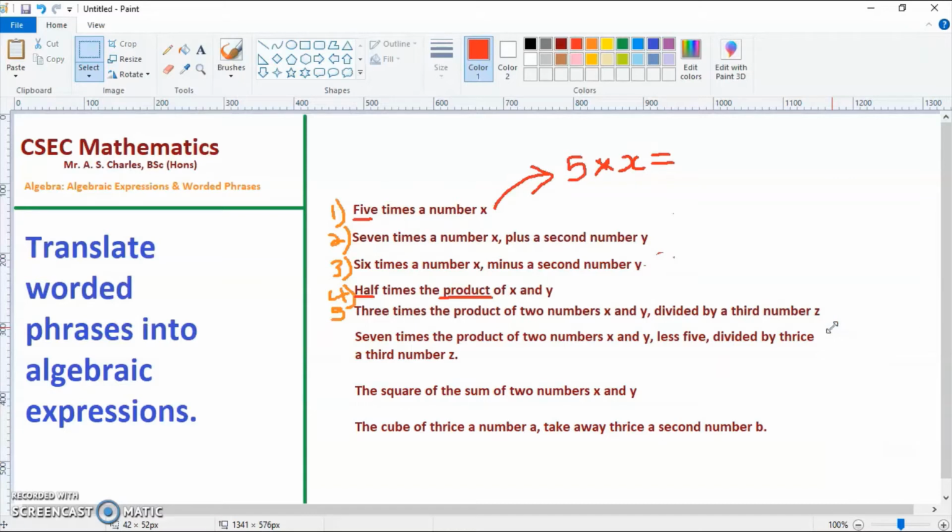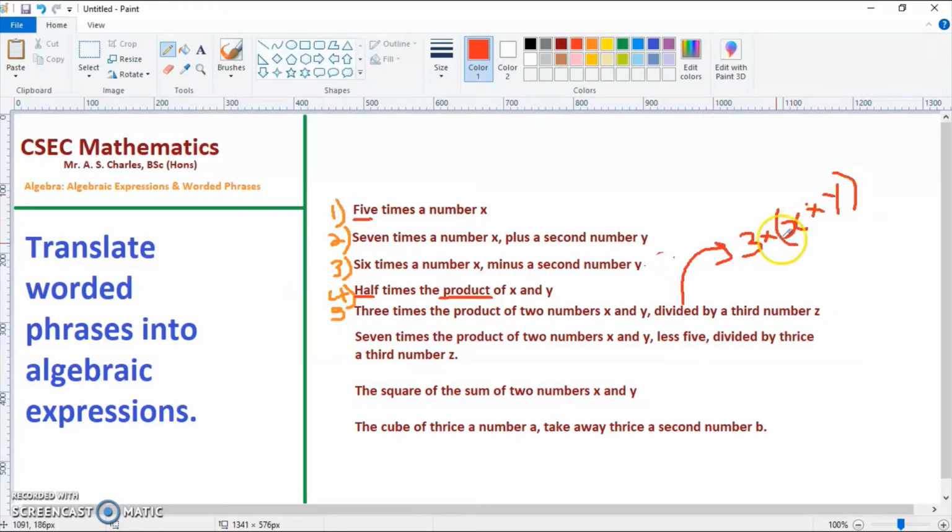Let's go ahead and solve that. 3 times the product of two numbers x and y is 3 multiplied by the product of x and y, so I'll introduce a bracket and say x multiplied by y. And again, I am making my multiplication sign different to my x.